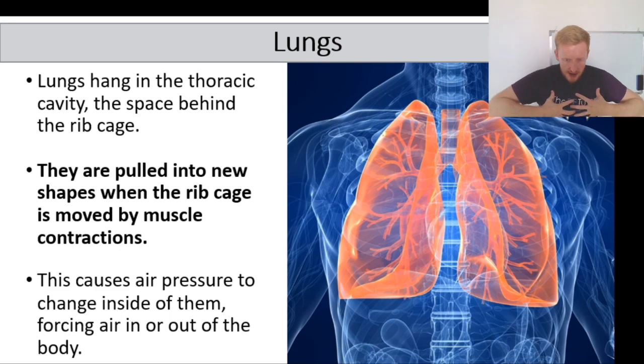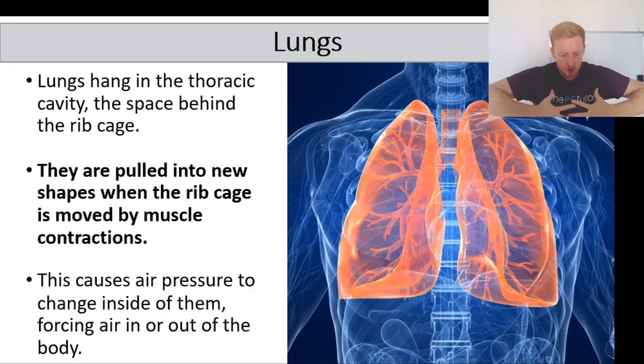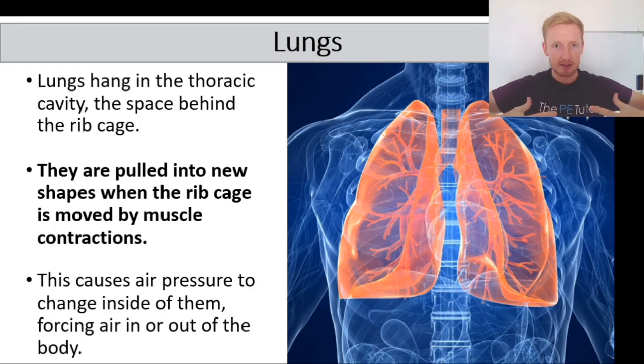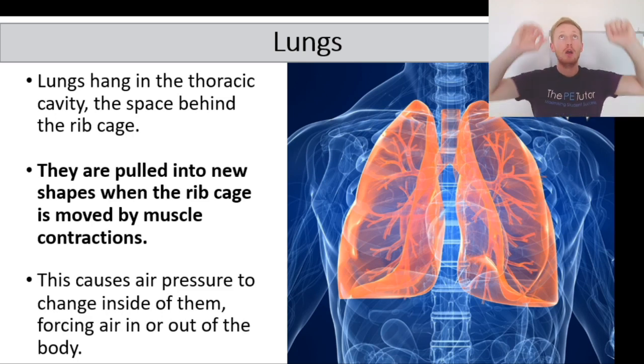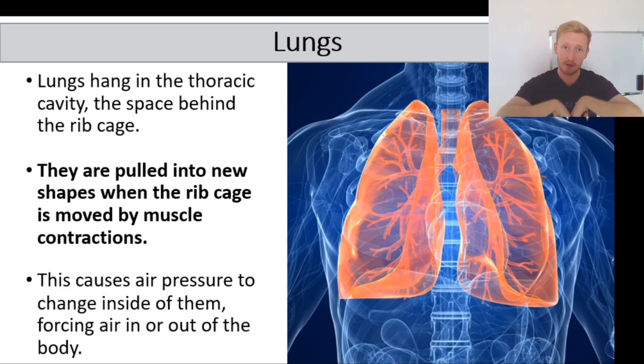So by creating a low pressure environment inside of our lungs, inside of our alveoli, because we've dragged them out and increased the space of them, we've dropped the air pressure. High pressure outside of us, low pressure inside of us, air is drawn in.